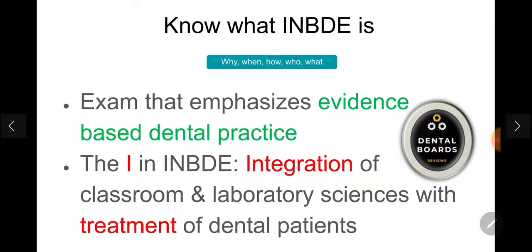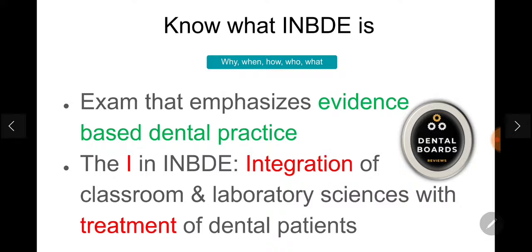So this exam integrates your classroom knowledge of the basic sciences, math, physics, chemistry, biochemistry, molecular biology, immunology, pathology, and the behavioral sciences such as psychology, socioeconomic status, and then also the research methods on how to appraise evidence. Okay, and combine that with the laboratory sciences so that you can use all that information to treat your patient in a safe and ethical, professional manner.